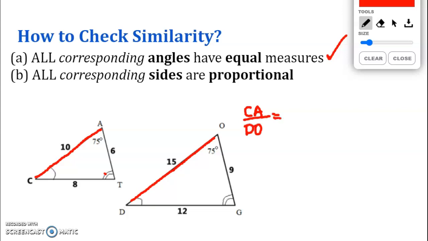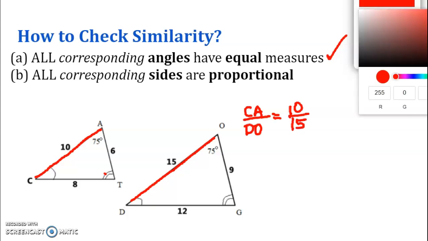is, the length is 10 over 15. So that's one side. Let's do another corresponding side. Remember, when we use 2 letters to denote the side length, the measure of that is 6 over 9.